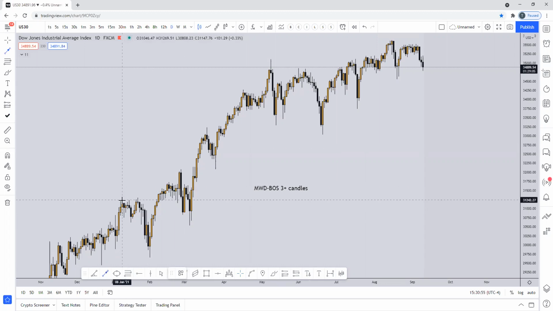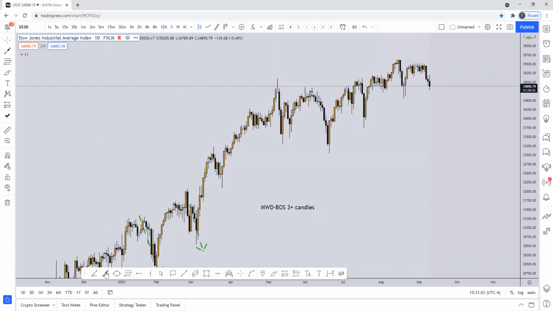And I'll start right here. This is the retracement before the breakup structure. This is a retracement before a breakup structure. This whole thing is a retracement.